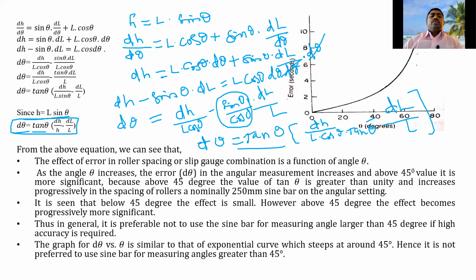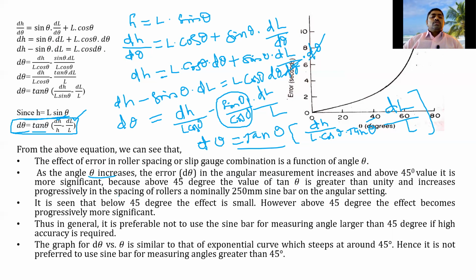From this above equation, we can see that the effect of error in the roller spacing or slip gauge combination is a function of theta. As theta increases, the error d theta in the angular measurement increases, and above 45 degrees it is more significant, because above 45 degrees the tan theta value is greater than unity and increases progressively.